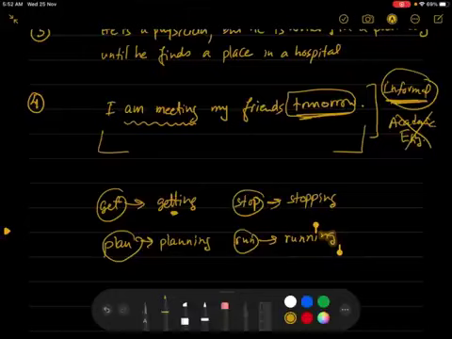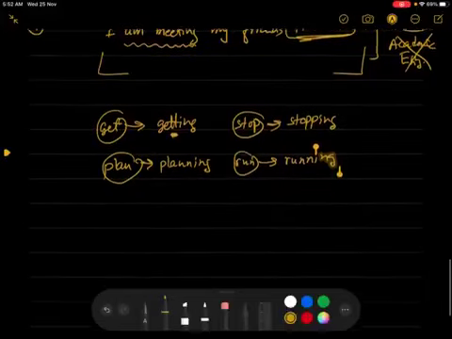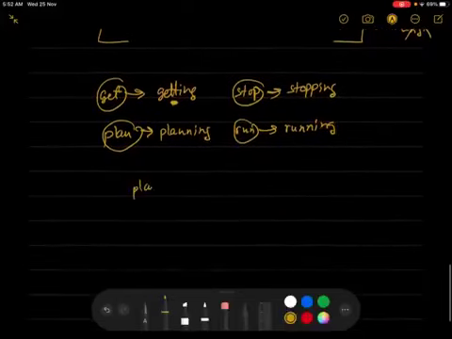But we have an exception here. If the verb is short, a one syllable verb, that has short pronunciation, and it ends in y or w, we don't double the final letter.